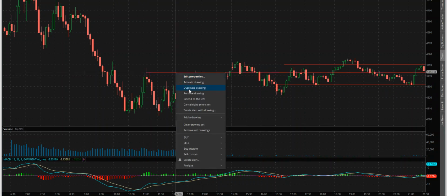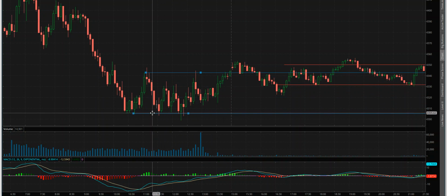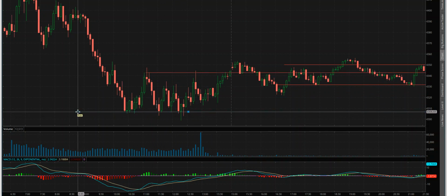You can also duplicate this. So this is also a support line. One, two, three. So if you see here, it went up, came down, bounced back again, came down, bounced back. So that is how you draw resistance and support lines.